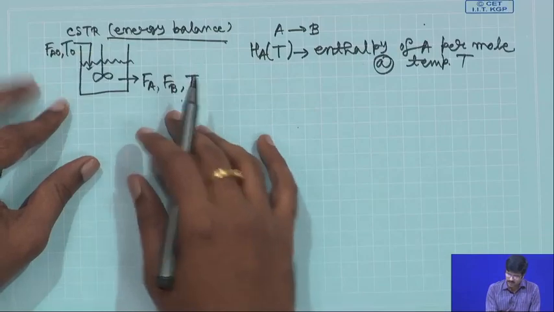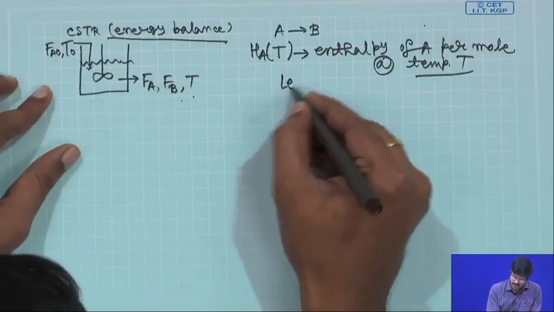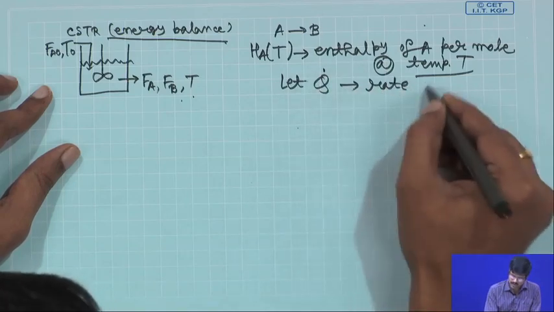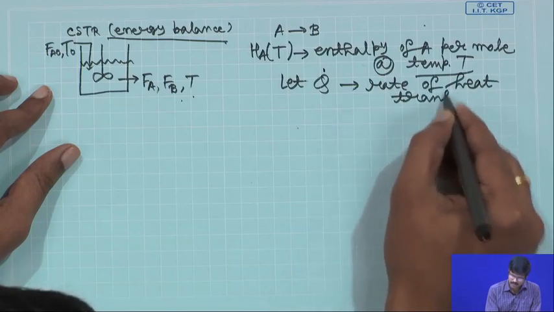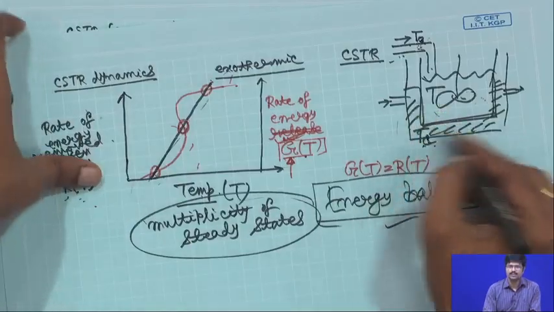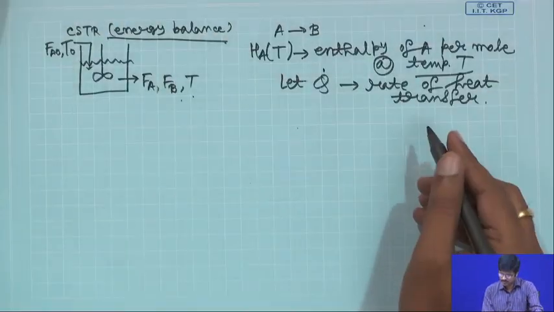The reactor is just being operated and this is the temperature here. Also, let Q dot be the rate of heat transfer. We talked about this, we have a jacket here. So, the rate of heat transfer is Q dot.